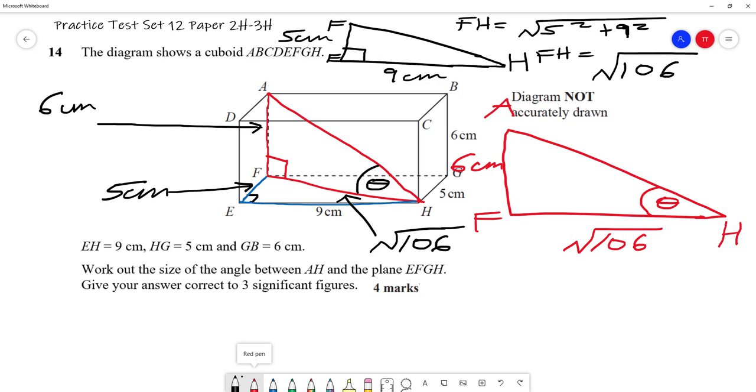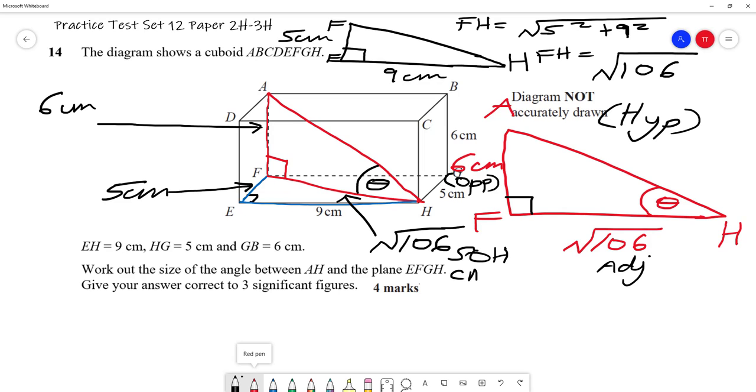Now we're going to use basic SOHCAHTOA here and say the side opposite the right angle is the hypotenuse. The side opposite the acute angle is the opposite side. And the final side is the adjacent side. So when we do SOHCAHTOA, well, the side that's completely empty, that's got nothing on it, is the hypotenuse.